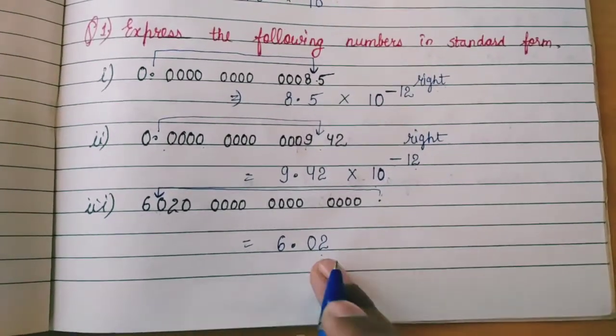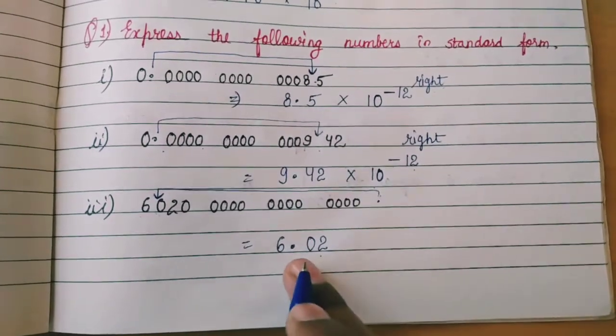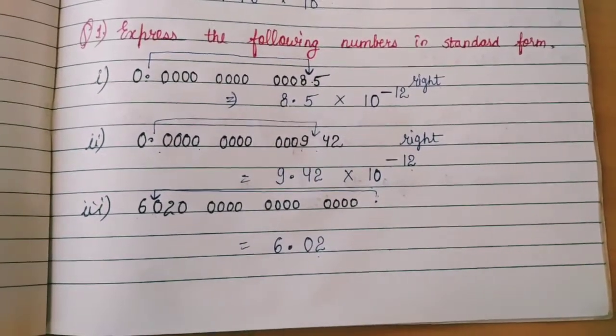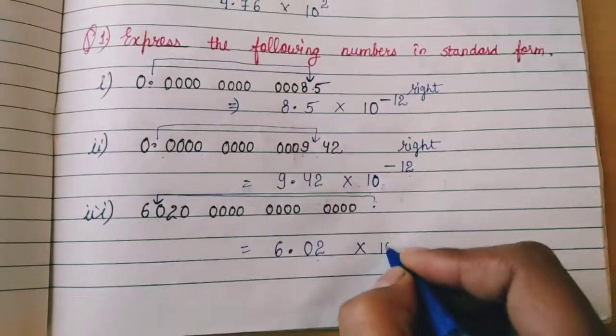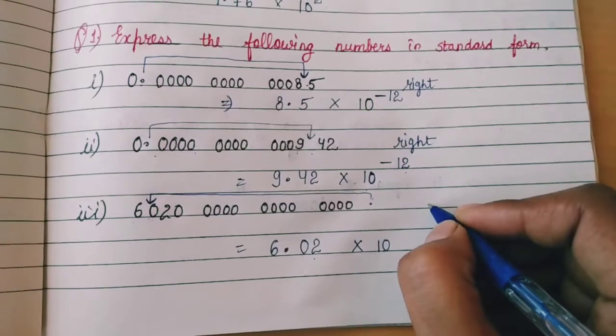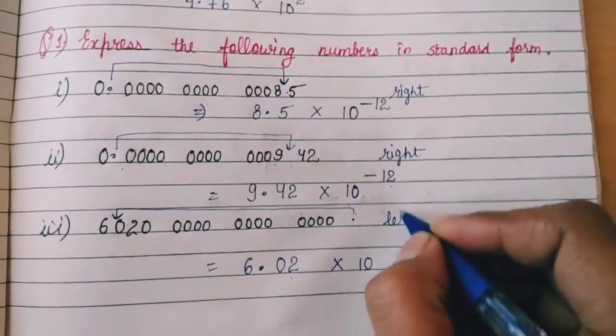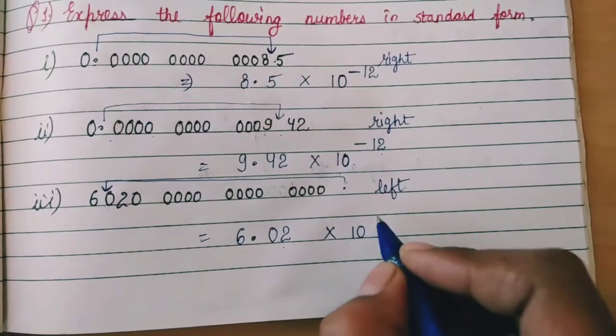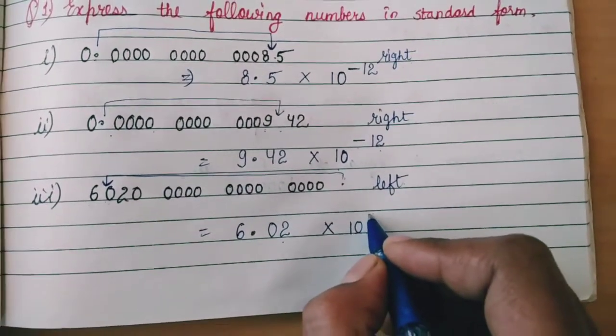In between 6 and 2 we have 0, so we will write this middle 0, but at the end we will not write. Now in which direction did we shift our decimal? We shifted the decimal in the left direction. It means the power will be positive. And how many places did we shift?